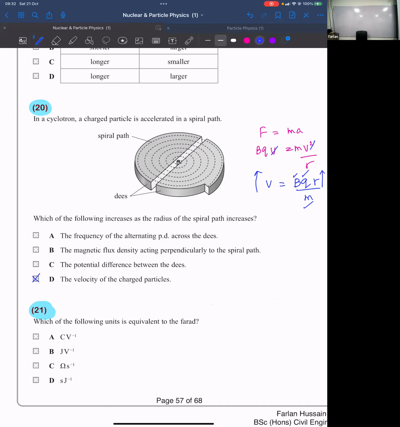So just mark the answer. No, it's a constant potential.